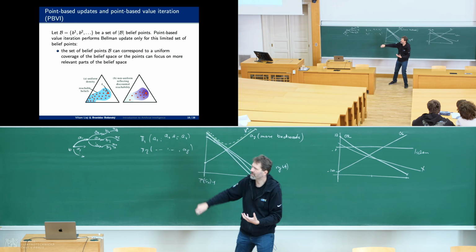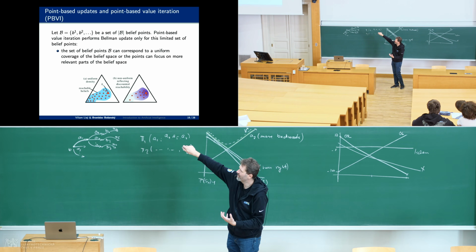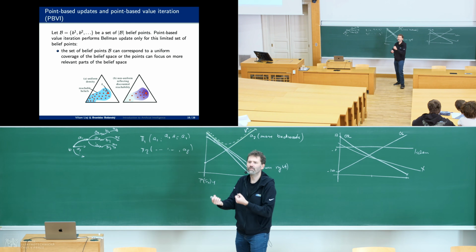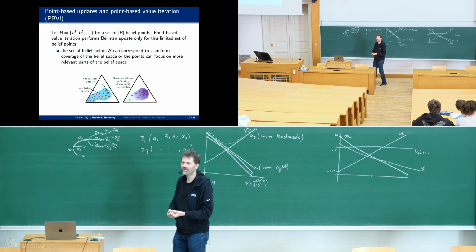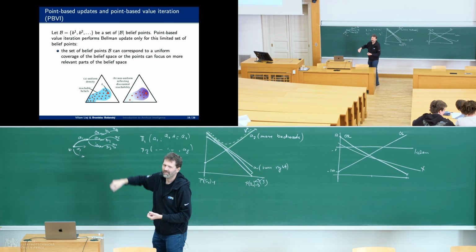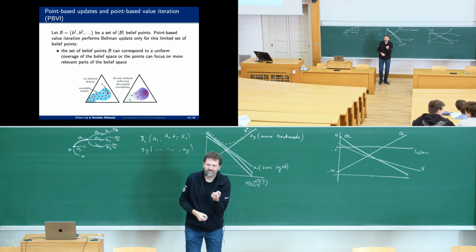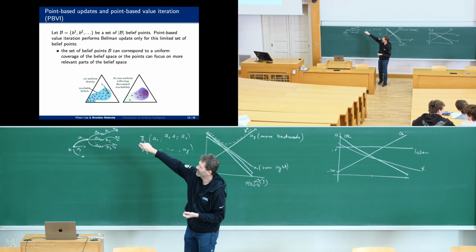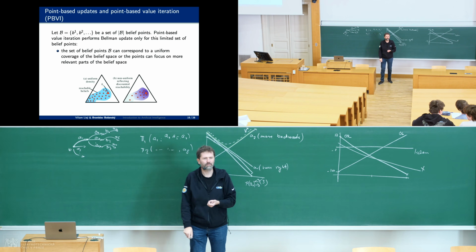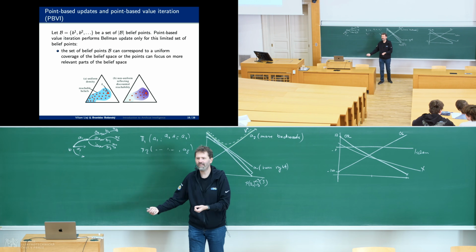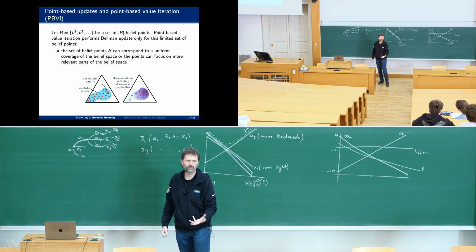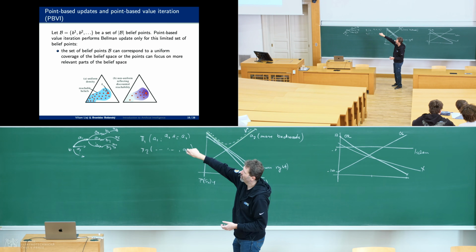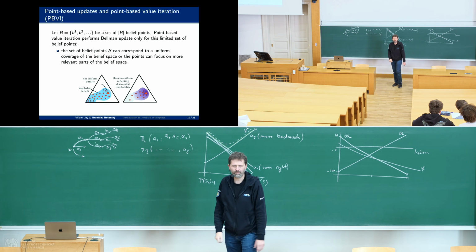So there can be situations where we cannot reach some belief points, like these up here. Basically, there is no combination of actions and observations that will get you there. So you really don't need any alpha vector that would be best in this particular part of the belief space, because the agent will never get there. You don't need to optimize for that, right? So there is some blob of reachable belief points.